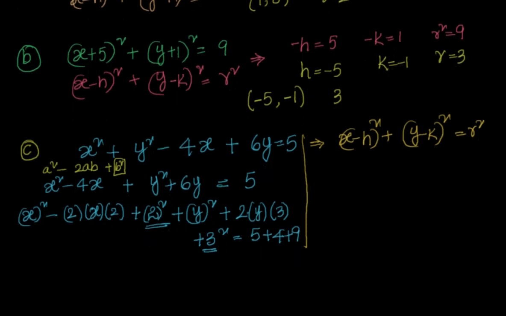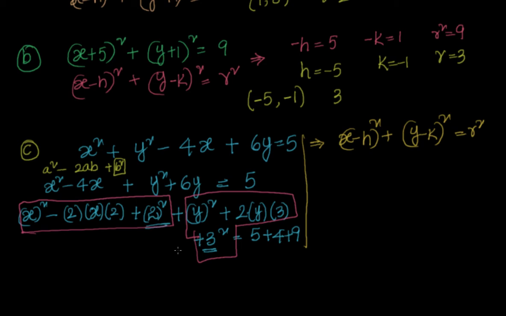this whole expression I can write as x minus 2 whole square, and this expression I can write as y plus 3 whole square. So let's go ahead and write it.